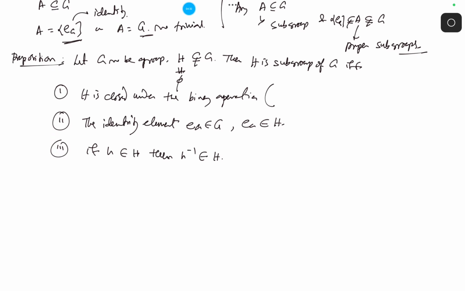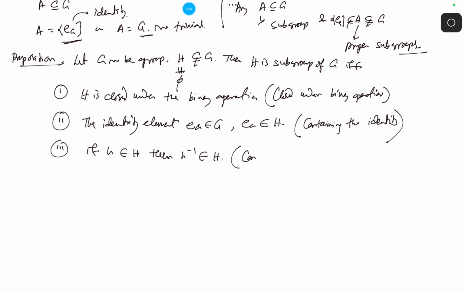We can name these properties: closed under binary operation, containing the identity, and containing the inverse.